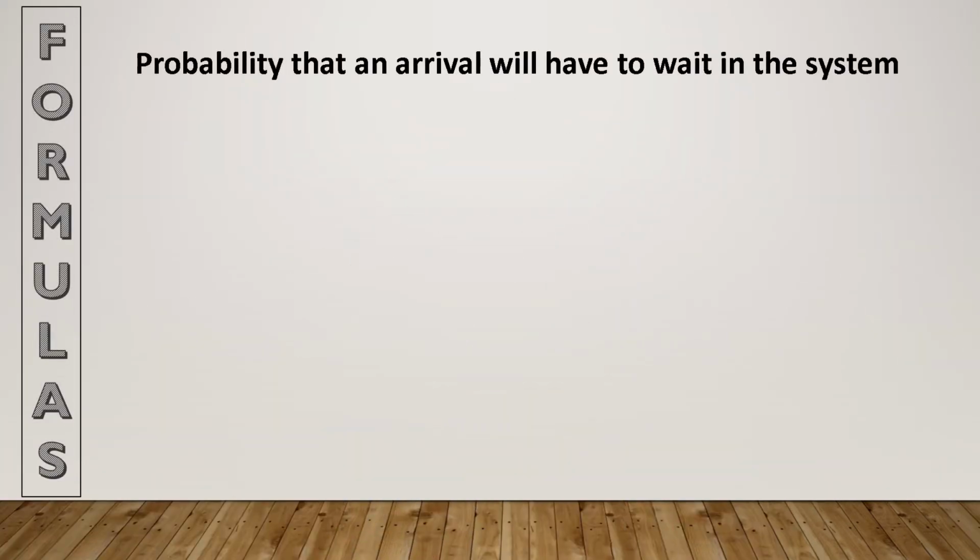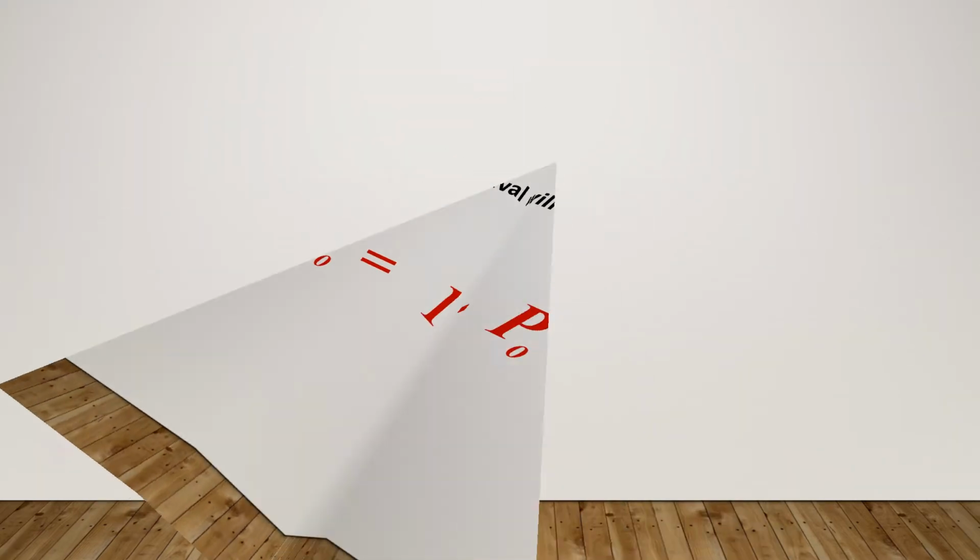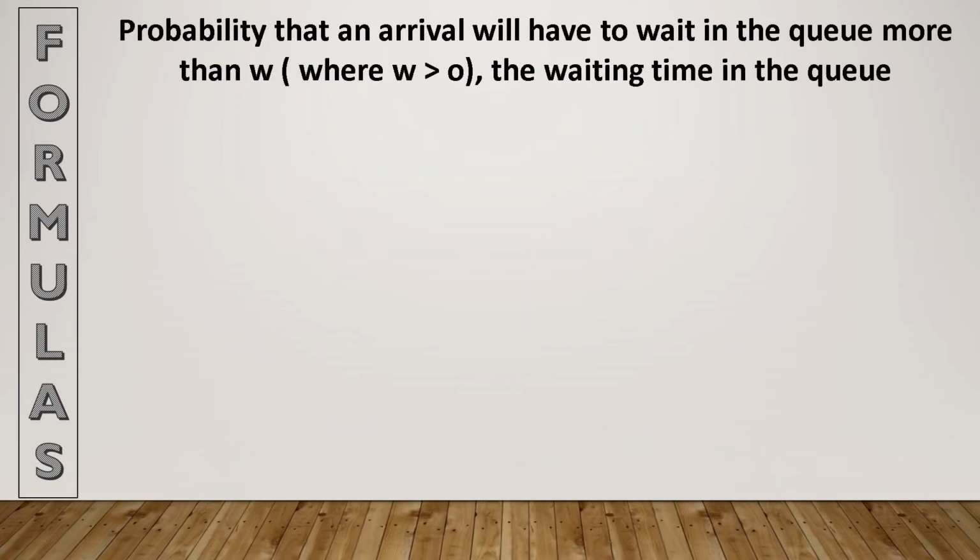Next, in determining the probability that an arrival will have to wait in the system, the formula will be P sub W is equal to 1 minus P sub 0. Next, probability that an arrival will have to wait in the queue more than W, where W is greater than 0, or the waiting time in the queue.